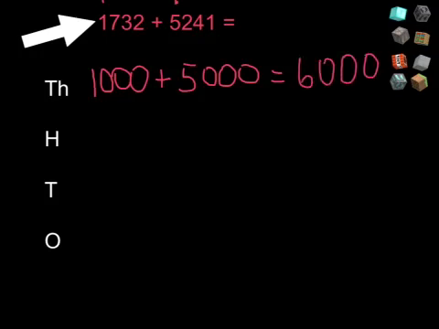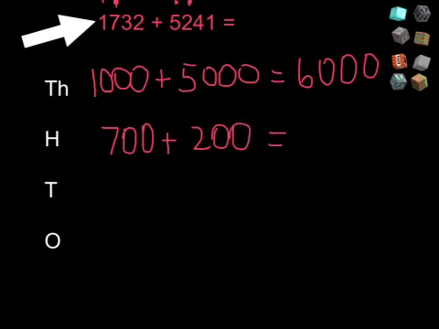Okay, let's go to the hundreds column. The hundreds column in this number is 700. Plus, in the next number, it's 200. That's another count-on strategy. Put the biggest number in my head, the 700, plus the 200, 700, 800, 900. Now let's go to the tens column.